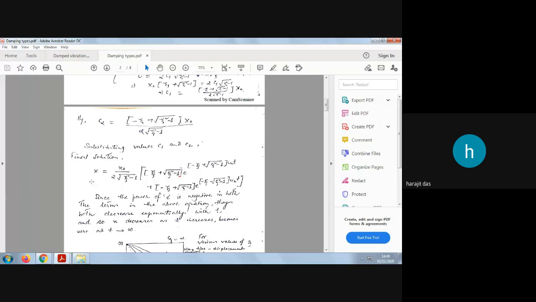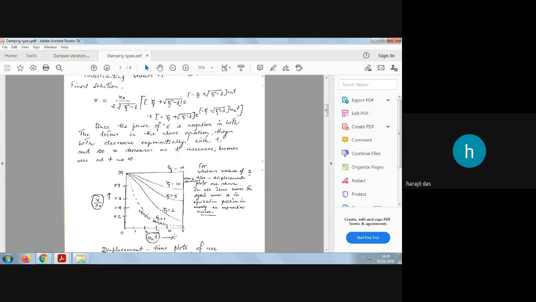This is the final general expression of motion of an overdamping system, for a damped free vibration single degree of freedom system. So this is the equation, and this is the graphical representation.